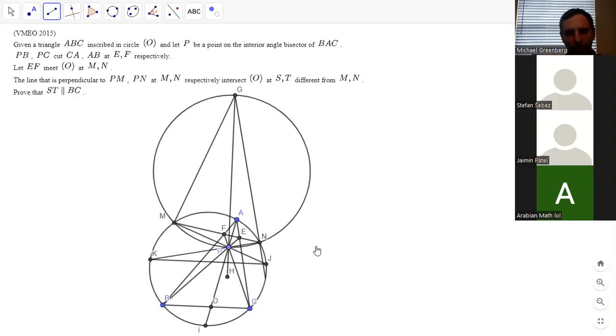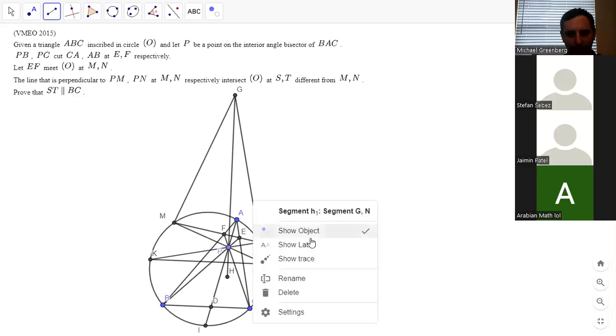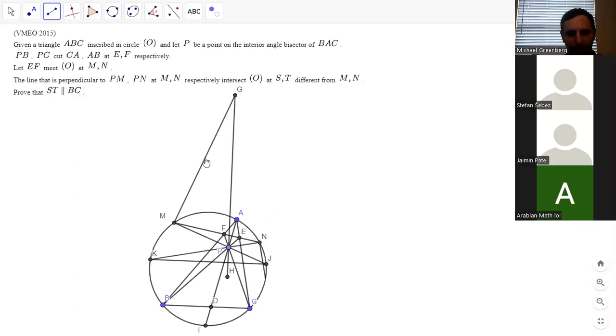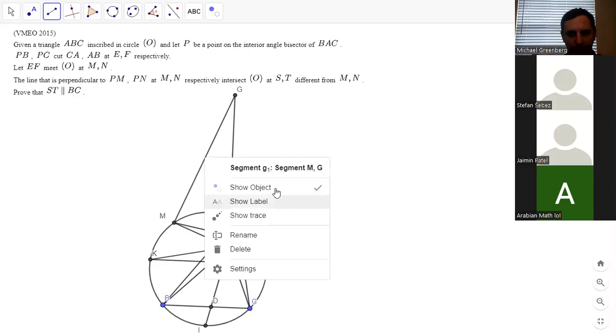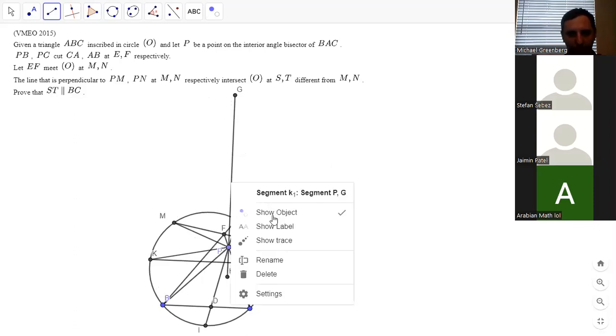Yeah, we just need to show that JK is parallel to BC. That might simplify things. So let me... we can always add this back later, but I think that might be the best way to go.